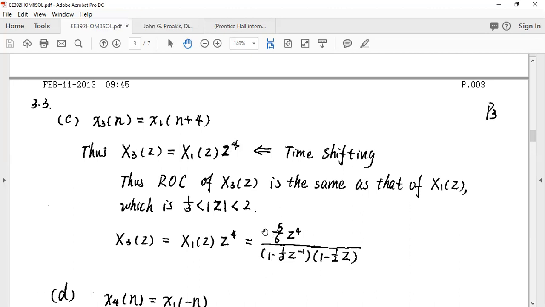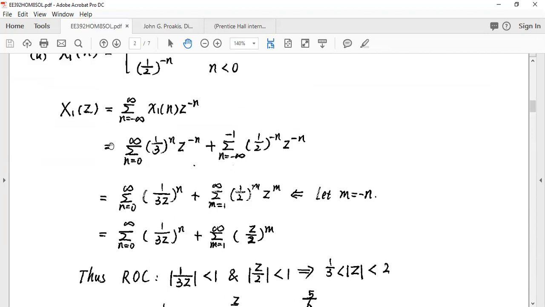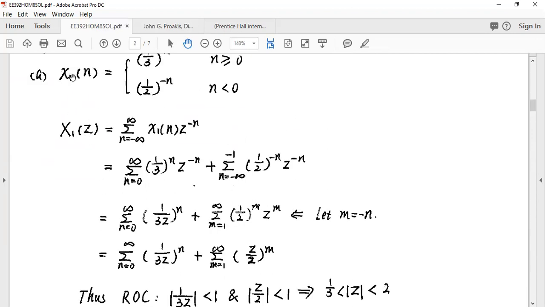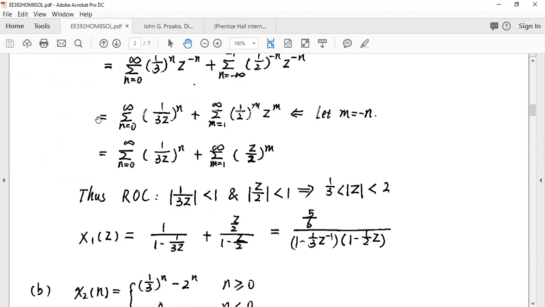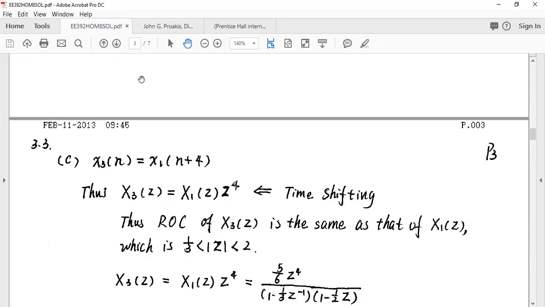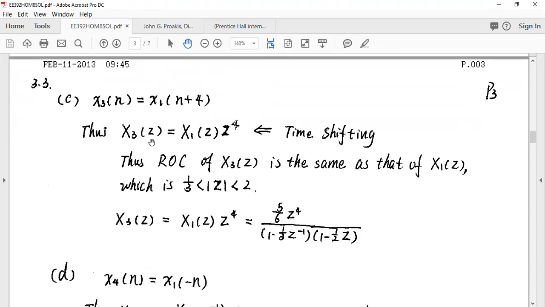This has already been evaluated in 3.3a, where we evaluated the z transform of x1 of n. So we just need to multiply by z to the power of 4, and this is what we get.